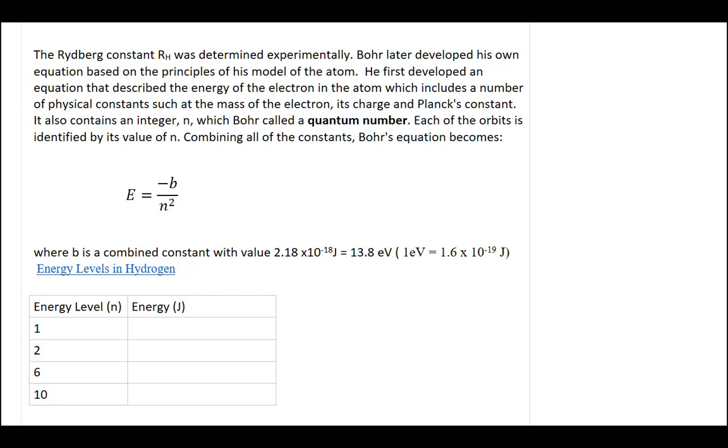Basically, he developed an equation that described the energy of an electron in an atom based on physical constants such as the mass of the electron, the charge, Planck's constant, and also an integer, which he called the quantum number. We're going to look at the principal quantum number, which is identified by its value of n.